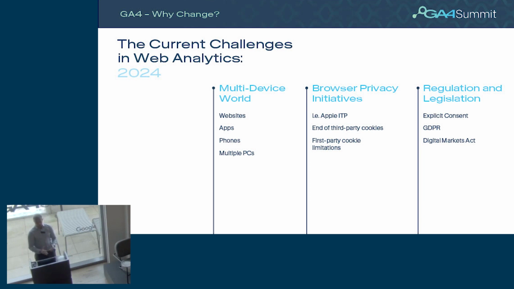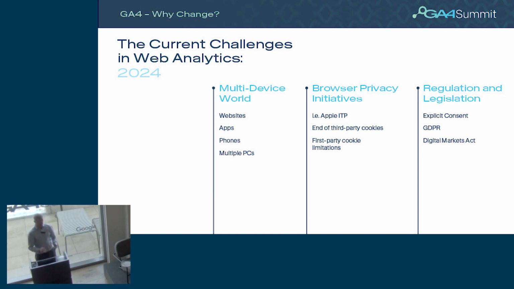In addition to that, we've got this browser privacy initiative. Browsers such as Apple's Safari have all got their initiatives to protect their users' privacy, which are a challenge for all web analytics platforms, things like ITP, I'm sure you've heard of, which deletes first-party cookies. For 5 or so years now, we've not allowed third-party cookies. Google's doing that this year as well.